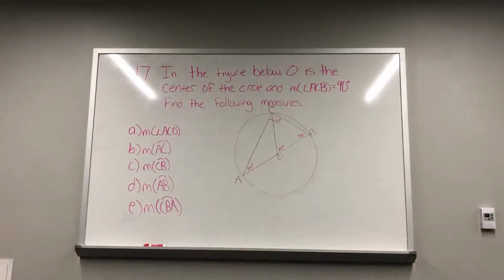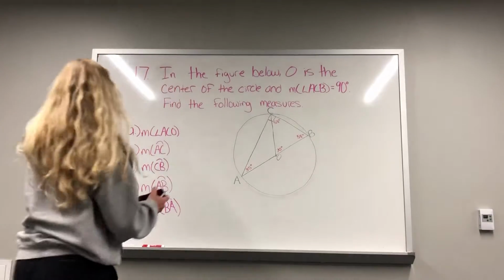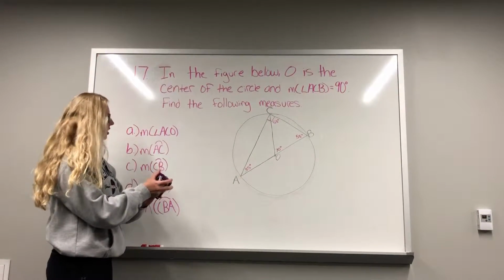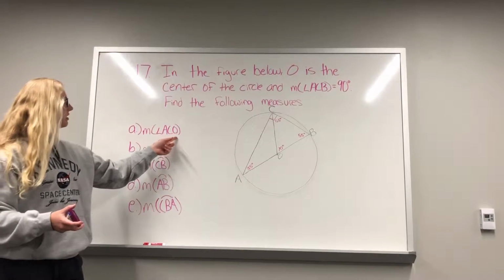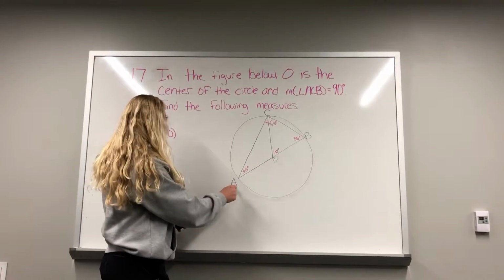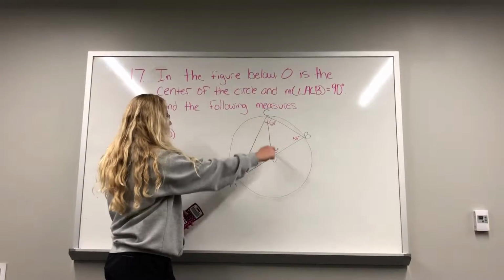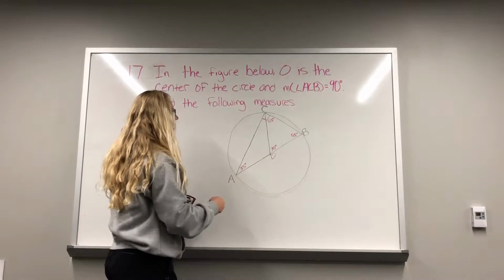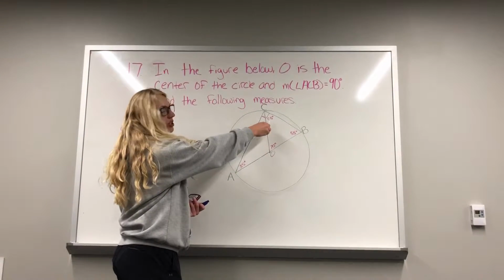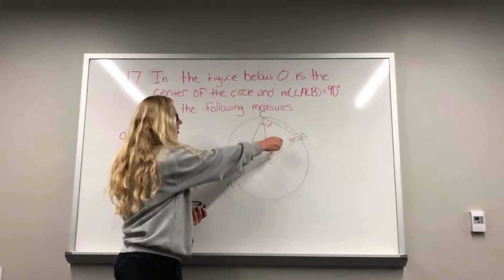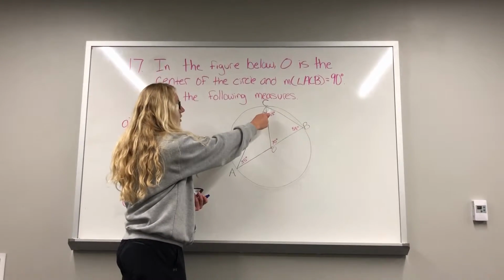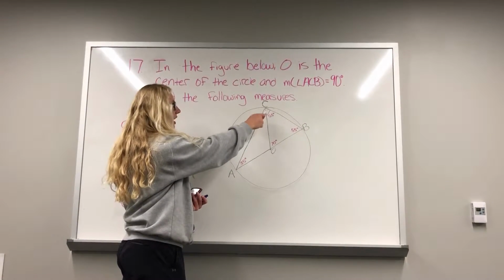So I'm first going to start off with the measure of angle ACO, which is right here. As you can already tell, 55 degrees is the measure of this angle, BCO, and that together with ACO makes a 90 degree right angle.